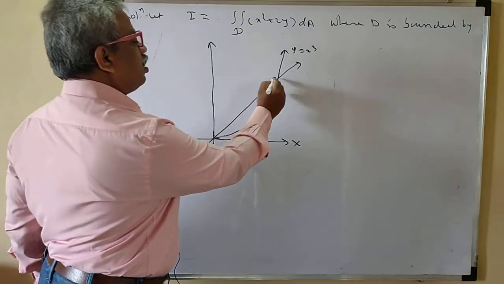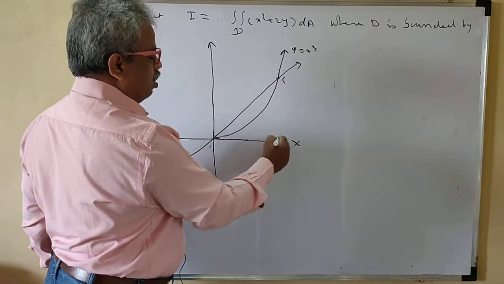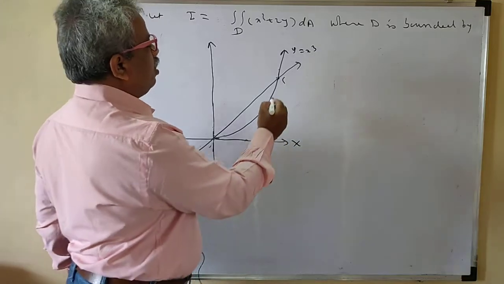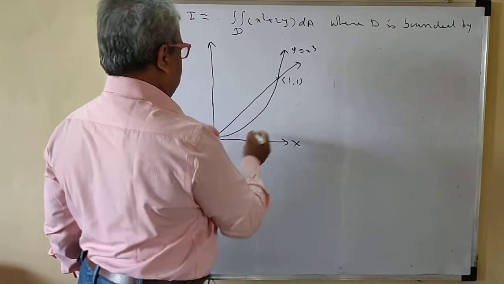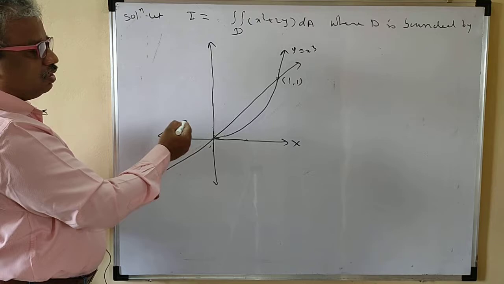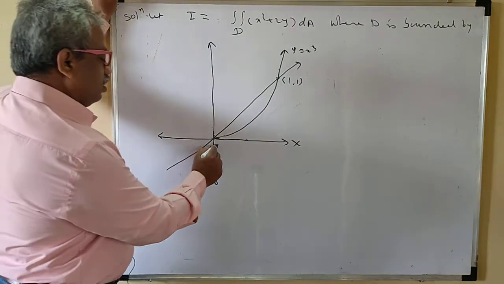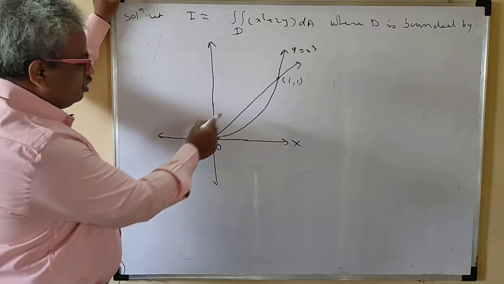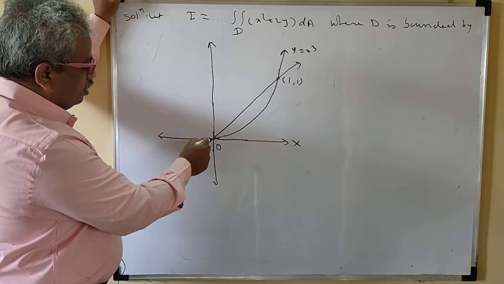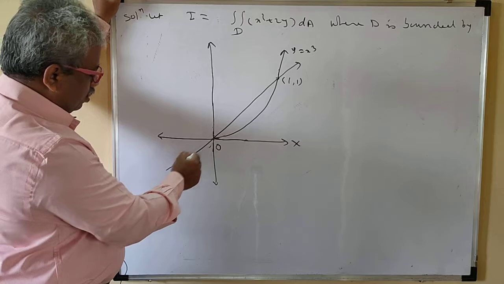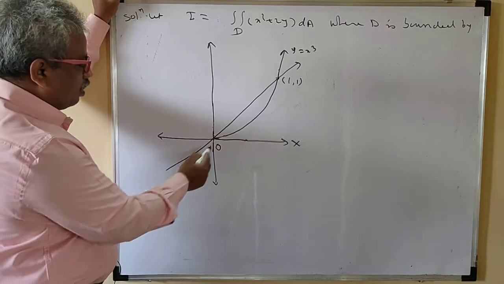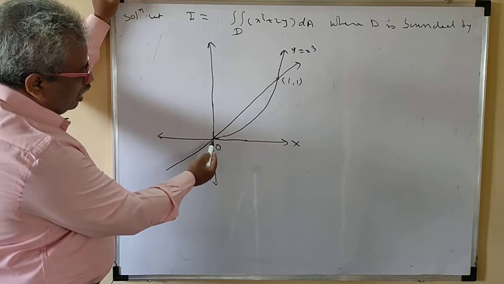Now for your region, this point is 1, 1. This also intersects here, and it is just like a parabola, but we are not interested in that. 0, 0 is there, right? This intersects here and at minus 1, minus 1, so it may be like this.